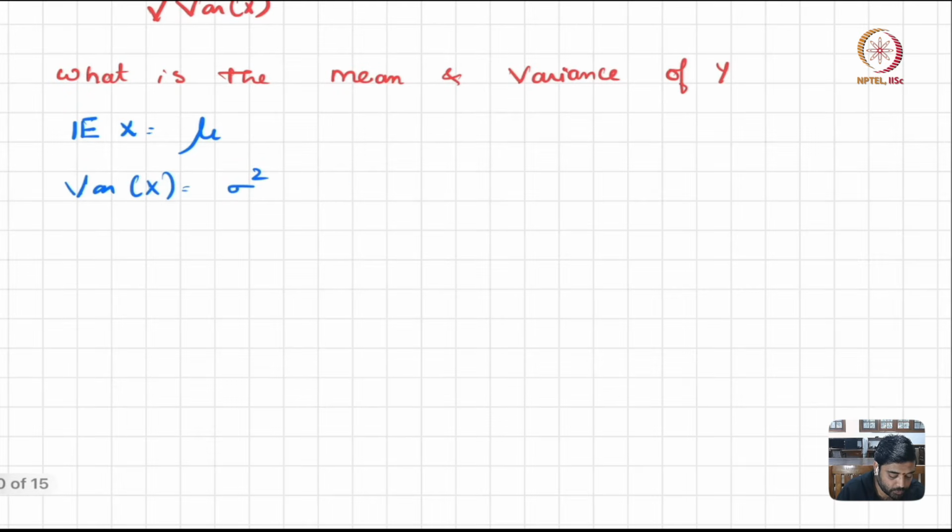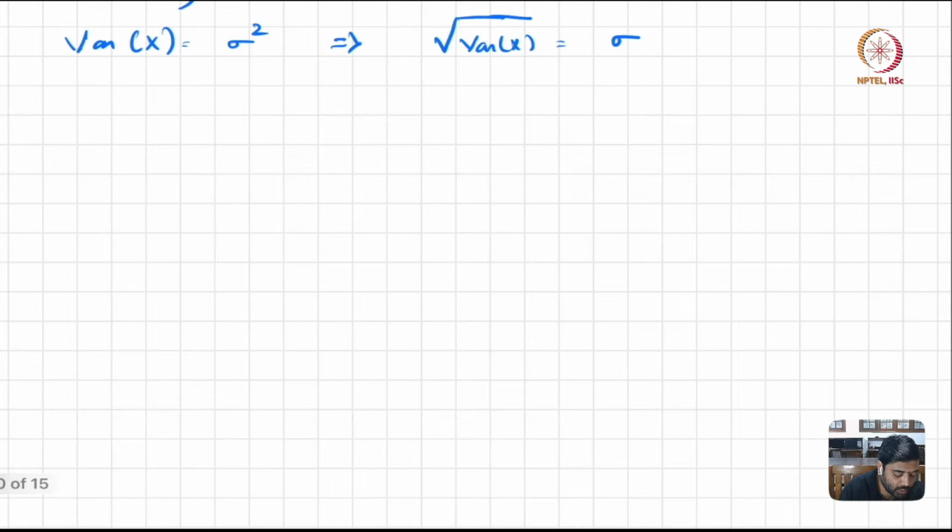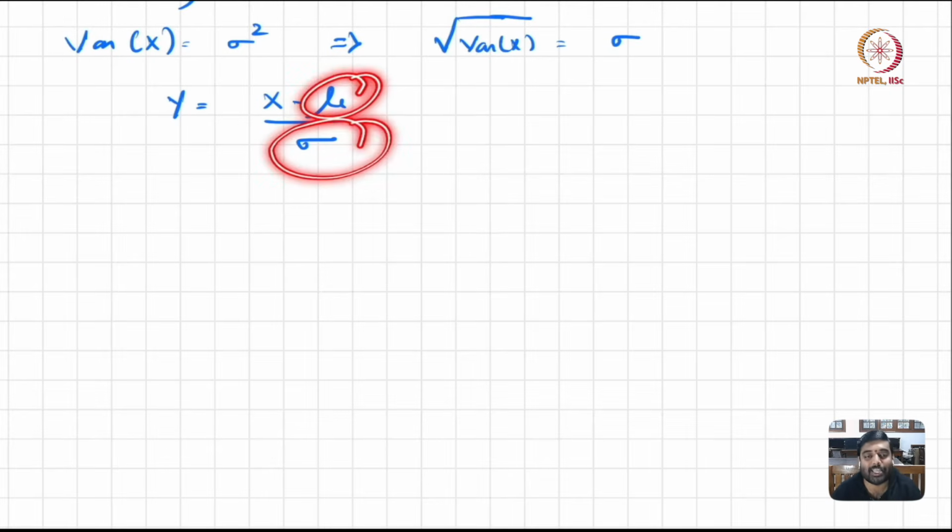And therefore it implies the square root of variance is sigma. Now, what will my y be? My y will be x minus mu divided by sigma. I just rewrote this so that you don't see x and then do some other blunders of calculations.